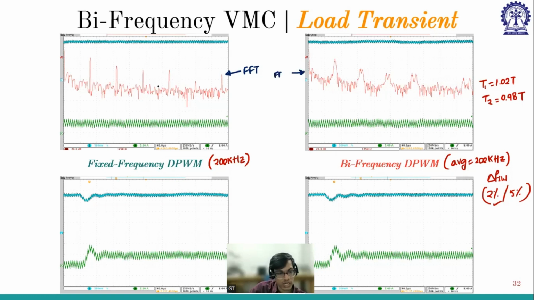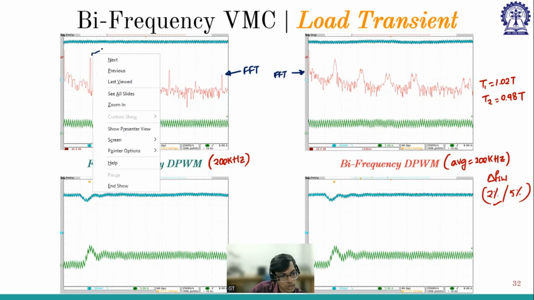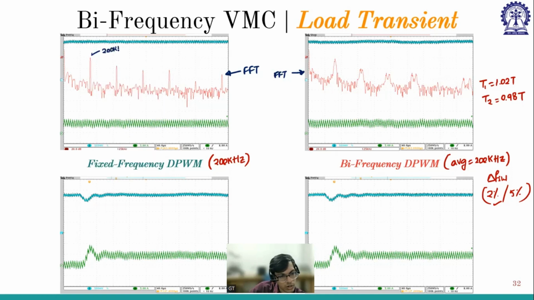So if you consider here, this is 200 kilohertz, and this is 400 kilohertz, and this is 600 kilohertz. So the harmonics are getting smaller and smaller, as we know. But there is a peak at 200 kilohertz, because we are operating at a fixed frequency of 200 kilohertz.